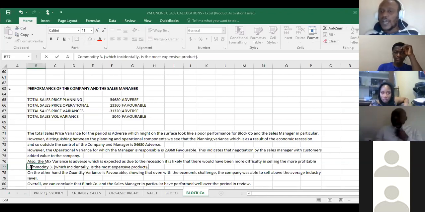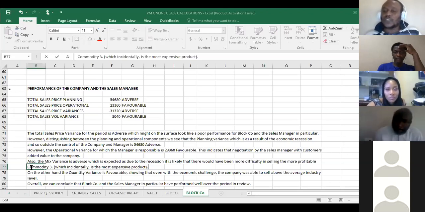On the other hand, because in this particular case we're discussing an adverse mix variance with respect to recession, we can also see that as a result of economic recession, the more expensive product will most likely be the one that the customer is reducing their demand for.